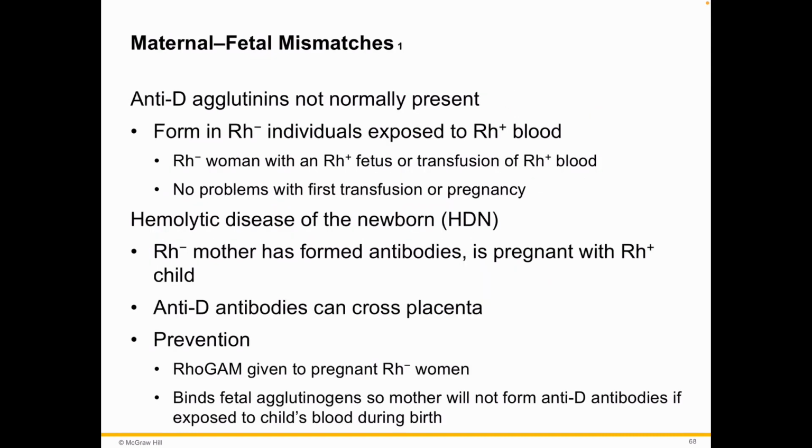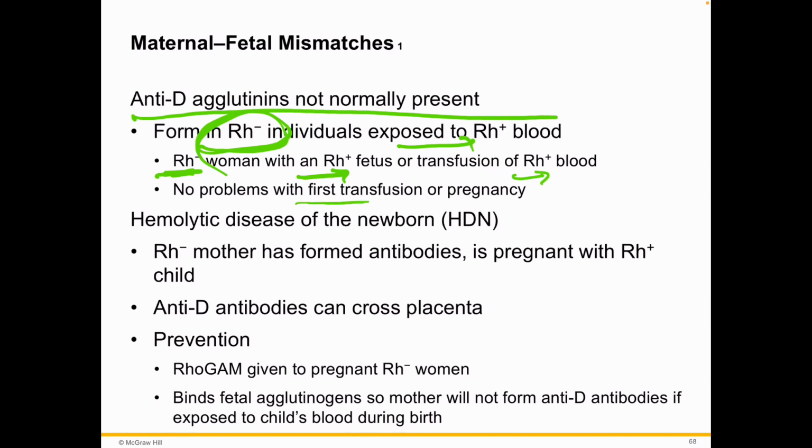So anti-D agglutinins are not normally present. They form in individuals who are rhesus negative, who get exposed to rhesus positive blood, basically. So if you have a mom who's rhesus negative and she has a fetus that is rhesus positive, or has a transfusion of rhesus positive blood, and that's her first pregnancy, she won't have problems with that first pregnancy.